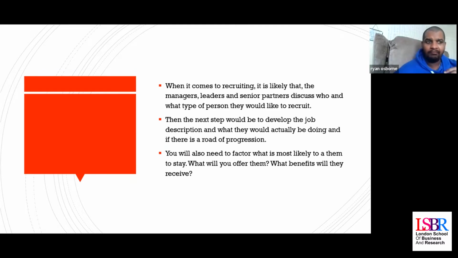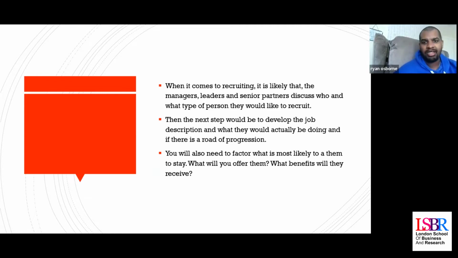And that is a very important aspect for any person who's applying for the job, because they're going to want to see, okay, who am I going to be working with? What am I going to be doing? And what do I need to know in order to do the job?